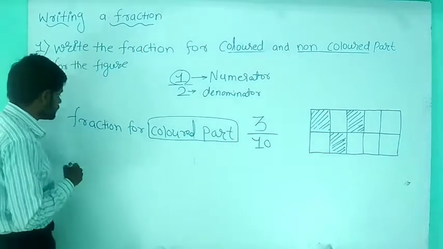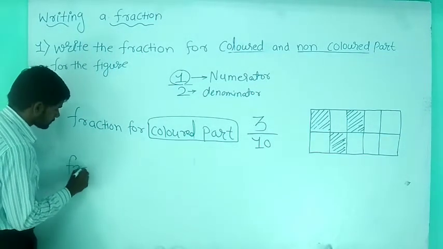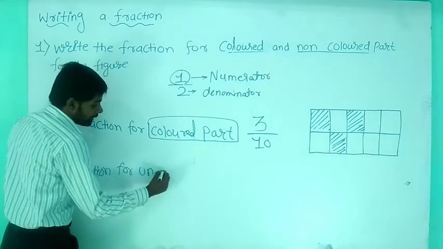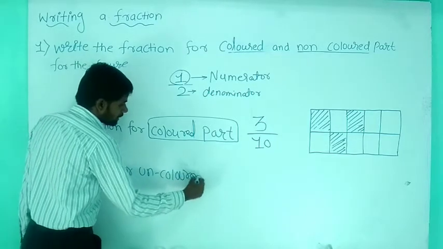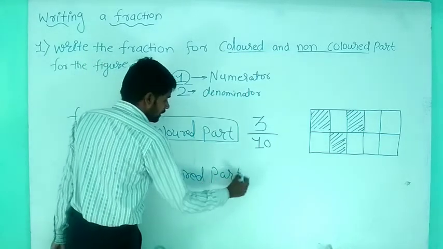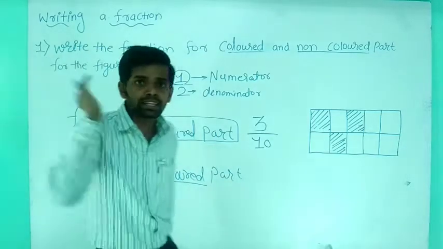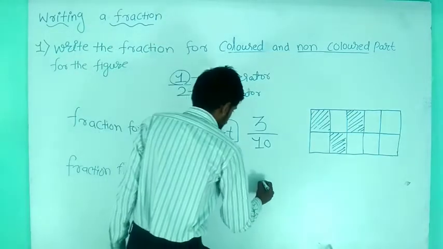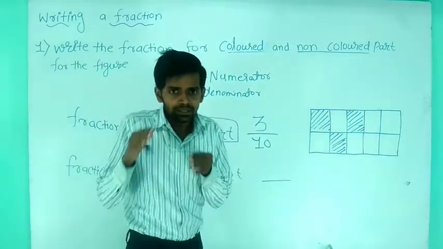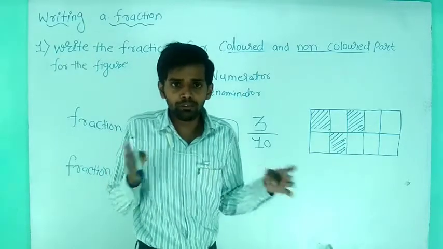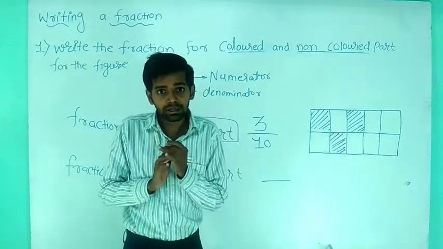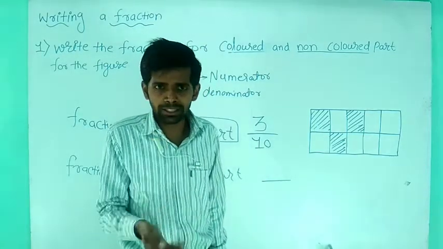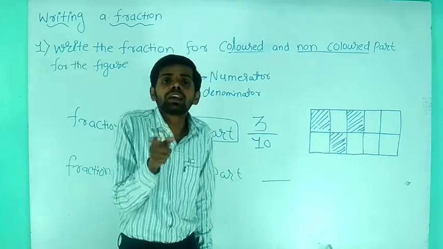Similarly, what will we do? We will write the fraction for the uncolored part. Uncolored means the part we did not color; we have to make its fraction. So how can we write? Listen carefully. Always remember that the denominator tells us the total number of parts.